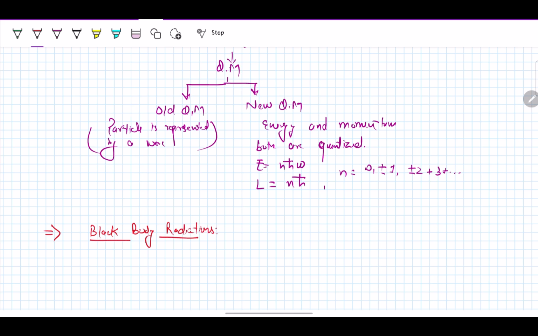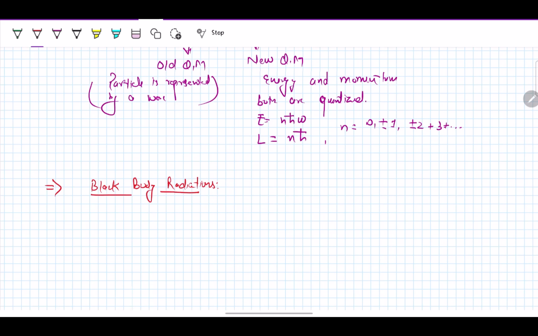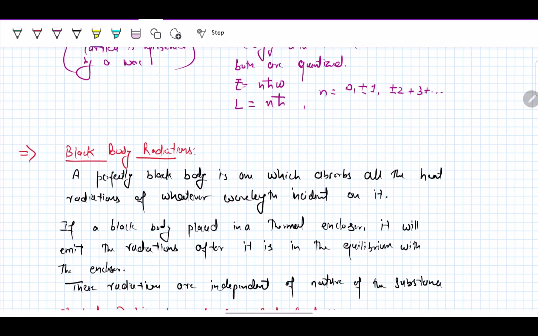Okay, so what is a black body? A perfectly black body is one which absorbs all the heat radiations of whatever wavelength incident on it. And if a black body is placed in a thermal enclosure, it will emit radiation after it is in equilibrium with the enclosure.